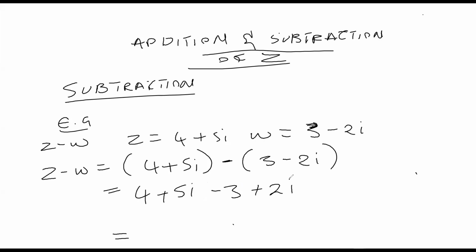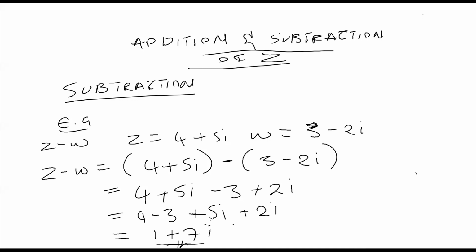Then what we're going to have is now 4 minus 3 plus 5i plus 2i. Then you have 1 there, then you're going to have 7i. No, this is actually even much more straightforward, so you won't lose any marks. Okay, thank you. You're welcome.